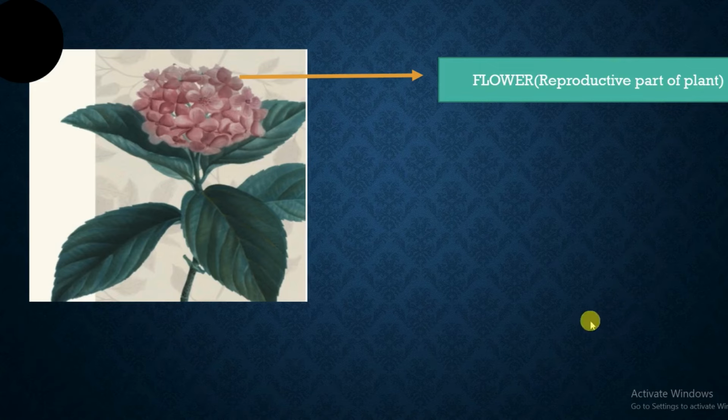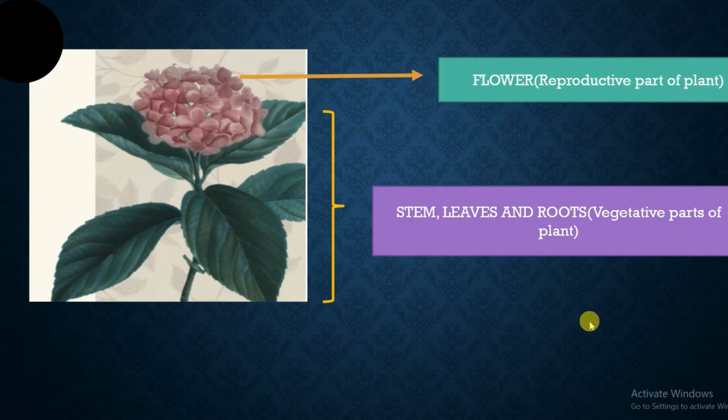I repeat, the part of the plant which takes part in sexual reproduction is the flower, whereas the remaining parts, the leaves, stems and roots, are the vegetative parts of the plant which do not get involved in sexual reproduction. So only the flower takes part in sexual reproduction in a plant.